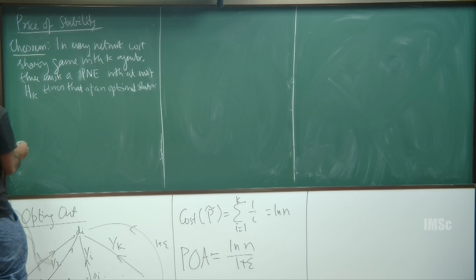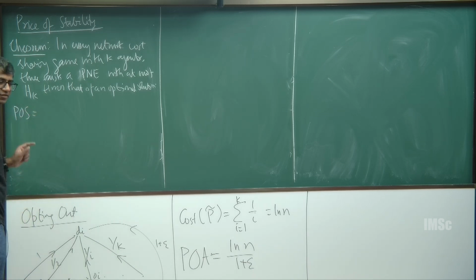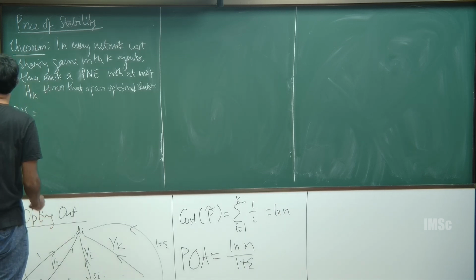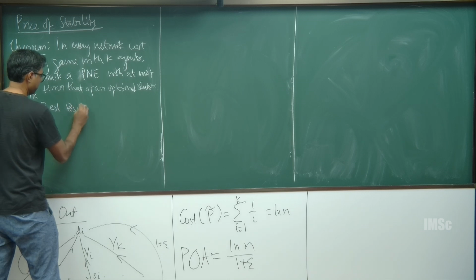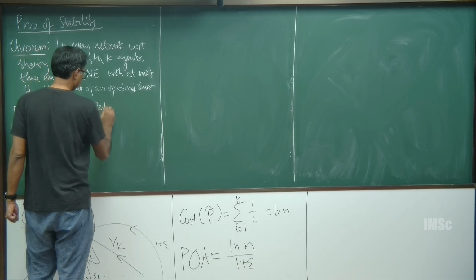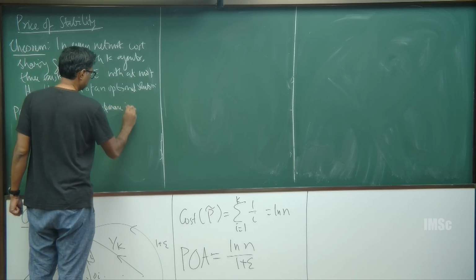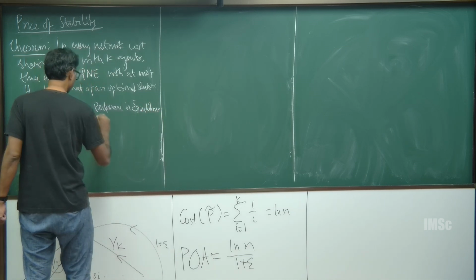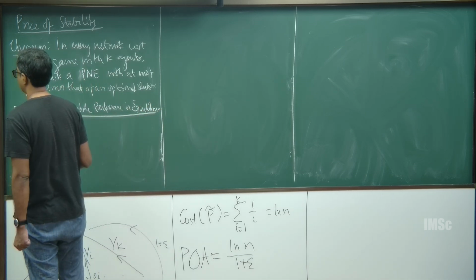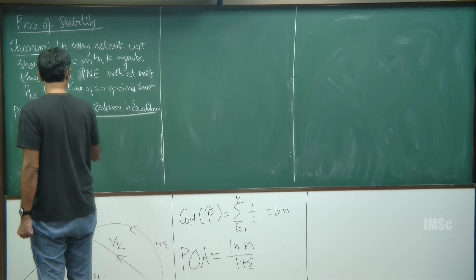Now, notice what the price of anarchy says: the worst possible system performance in equilibrium. What does the price of stability tell us? Price of stability, or POS, is basically an optimistic version of the price of anarchy, because here we are saying the best possible system performance in equilibria divided by the optimum system performance.